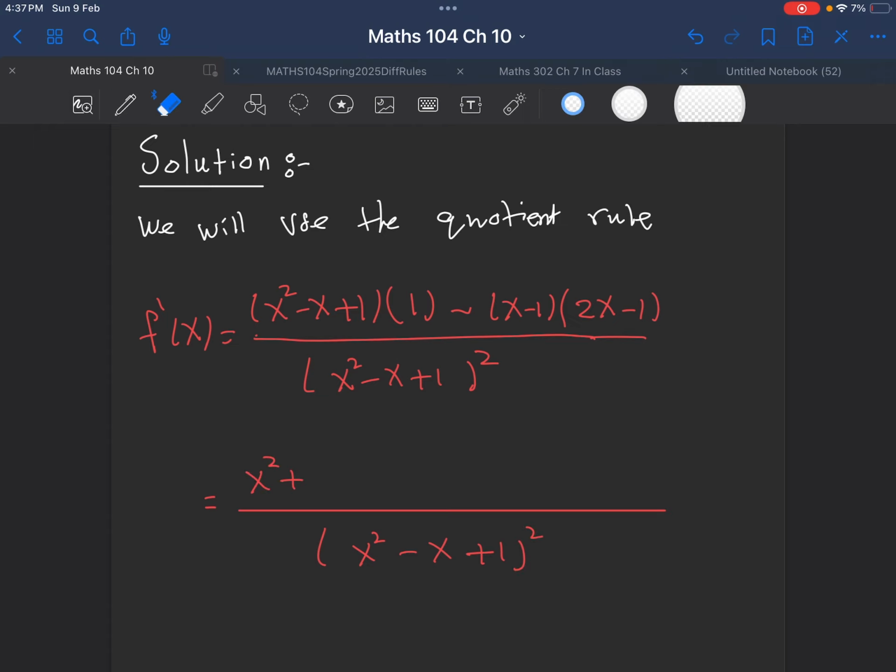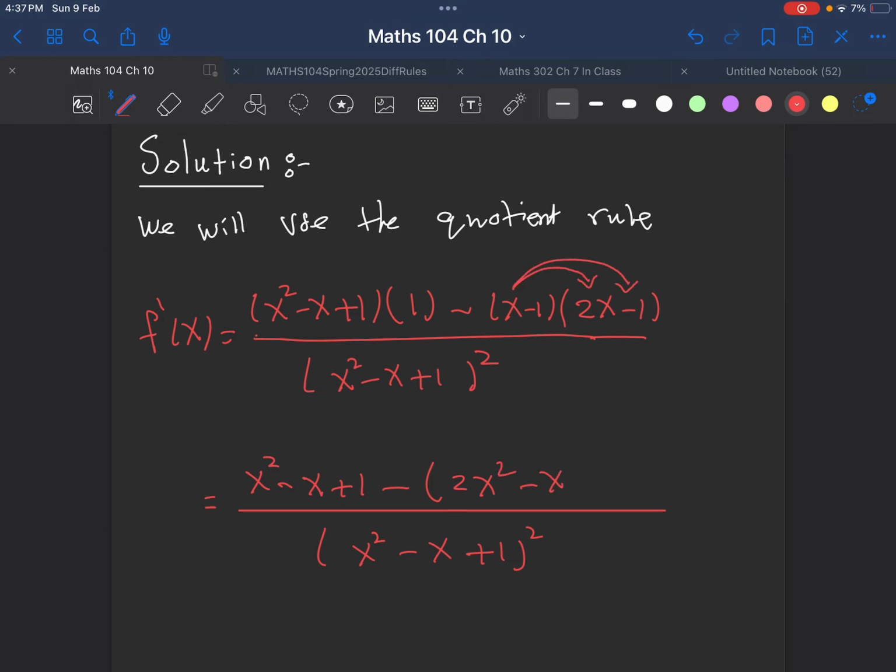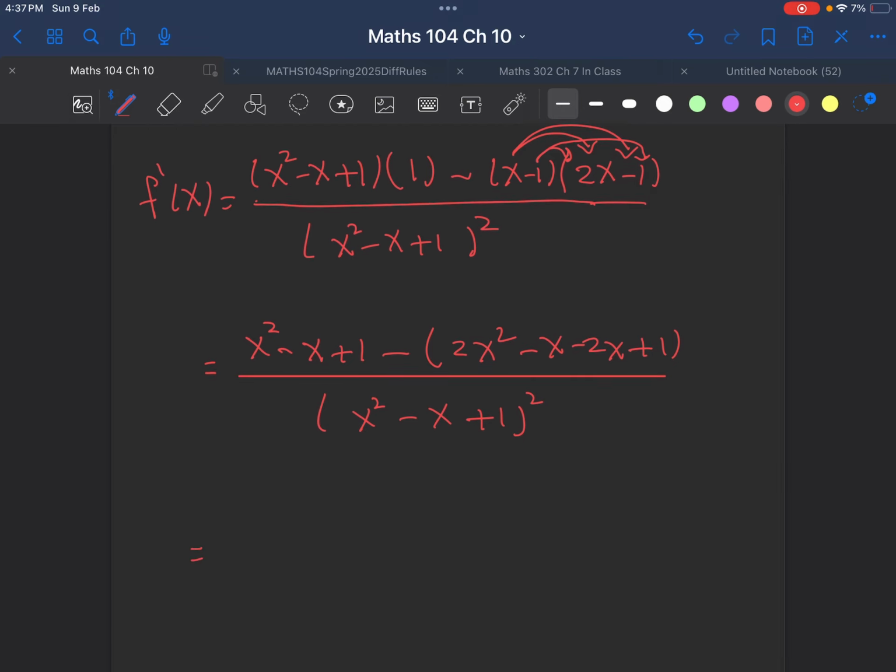And now we just have to continue with this one. Here we'll have x squared minus x plus 1 minus, here we'll have 2x squared minus x minus 2x plus 1. And we just need to continue this.